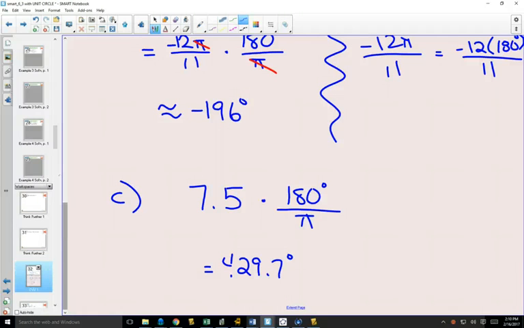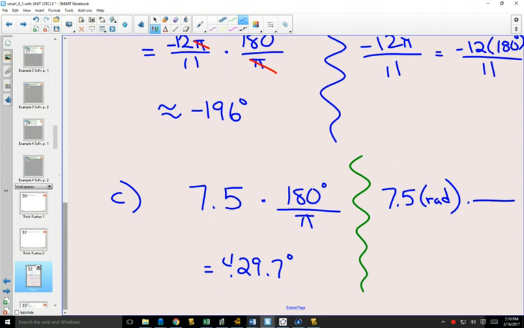Another thing that I sometimes do to help me remember what I should multiply by, I have 7.5. I'm going to put the word radian there. And when I'm multiplying, I want to change from radians to degrees.